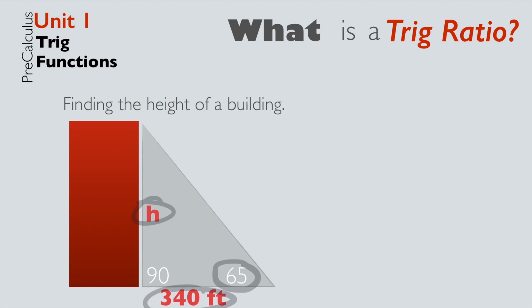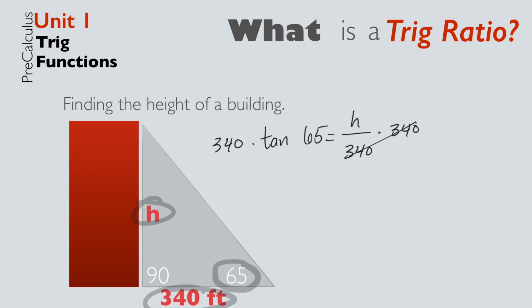Well, I've got opposites and adjacents. So we're going to say the tangent of 65 is equal to the opposite divided by the adjacent, 340. I'm going to multiply through by 340, and that's going to cancel out.